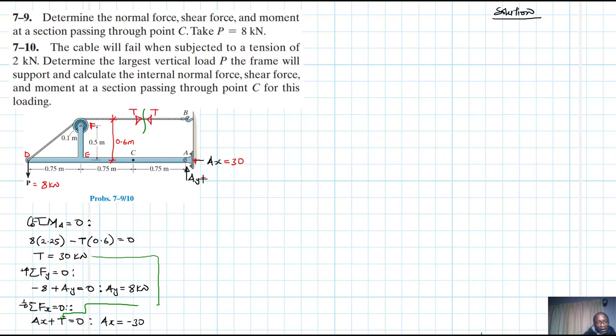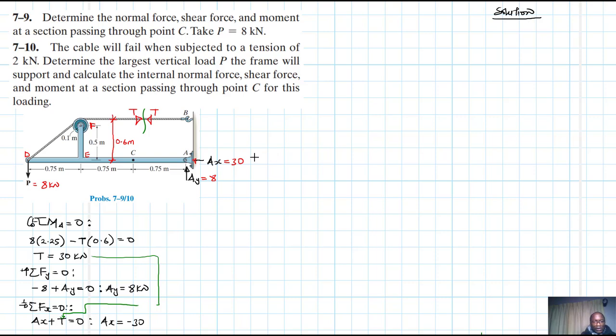We have AY equal to 8, and T is equal to 30 as well, right?